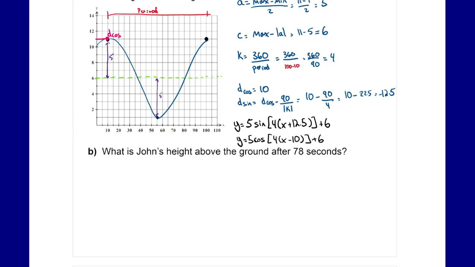I'm going to use the cosine one though, only because I'm extremely confident that my horizontal shift for cosine is accurate, because that is the value that I could easily see. Technically, if both functions are correct, you could use either one and get the same answer.